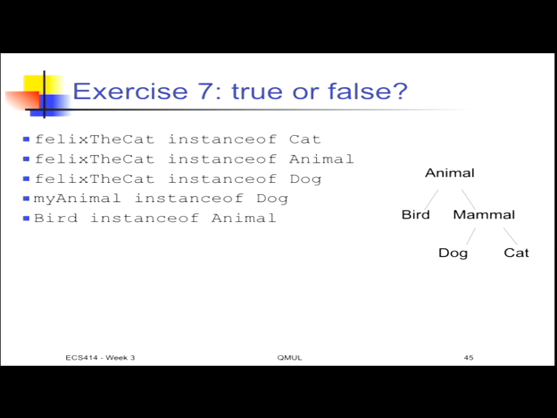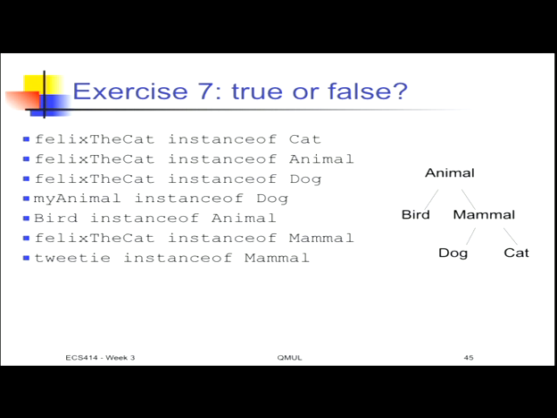Bird instanceof animal: so bird is not an instance of an animal, it is an instance of a subclass of animal. Felix the cat instanceof mammal: Felix the cat is an instance of cat, which is a subclass of mammal. Tweety instanceof mammal: Tweety is an instance of bird, which is not a subclass of mammal.